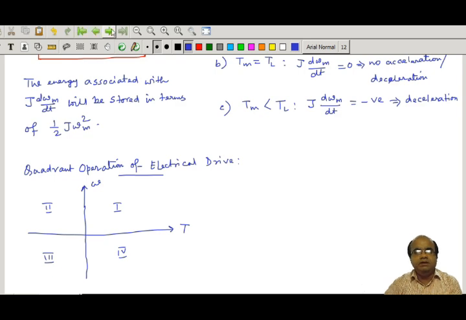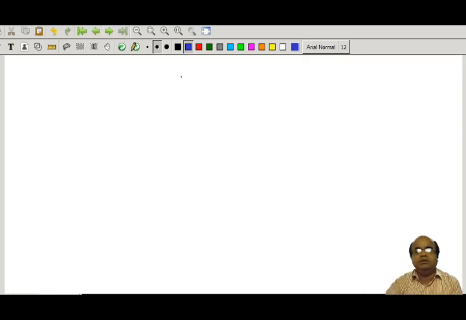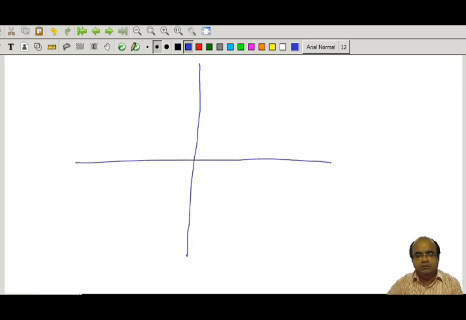Say I am drawing the same diagram. This is the axis of plus omega m. This is minus omega m. This is positive torque.